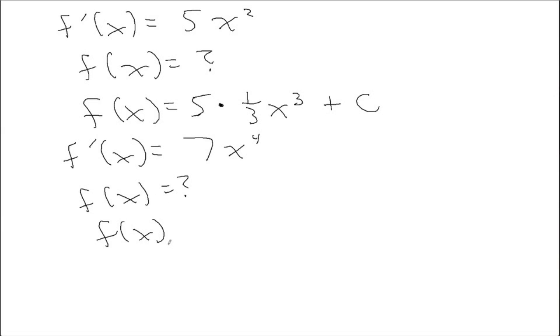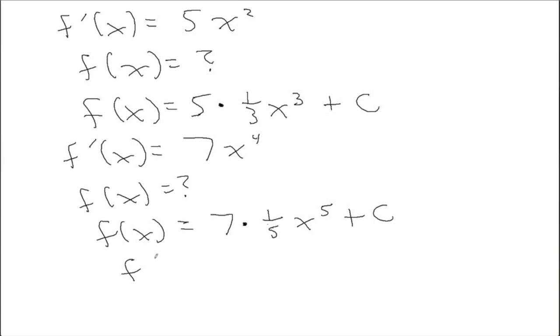All right, so here's another problem. Do you have that one written down? Yep. All right, let's go through that one together again. So again here, we don't just have a simple power function, we have a constant times a power function. So I'm going to use the constant multiple rule. I just pull the constant down, and now I'm just going to take the antiderivative of x to the fourth. So what's that? 1/5 x to the fifth plus c.